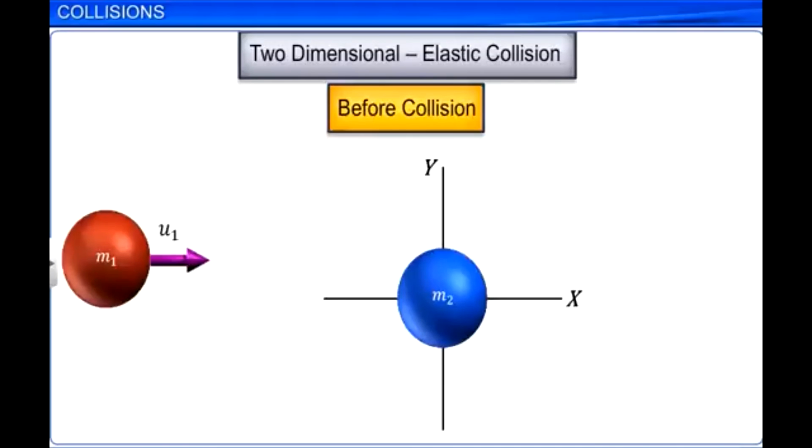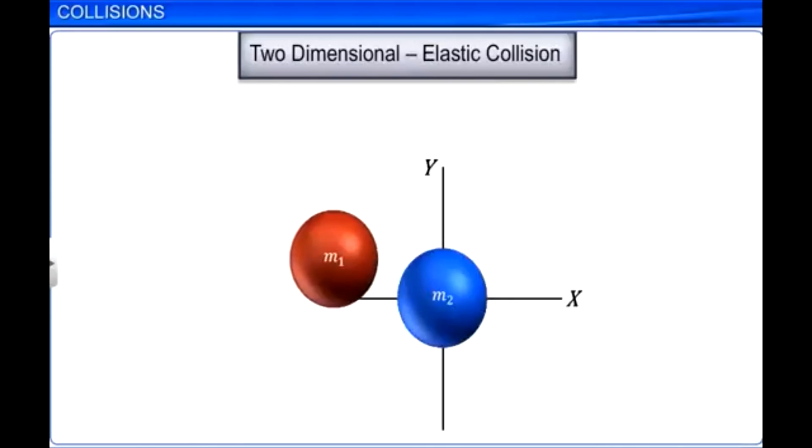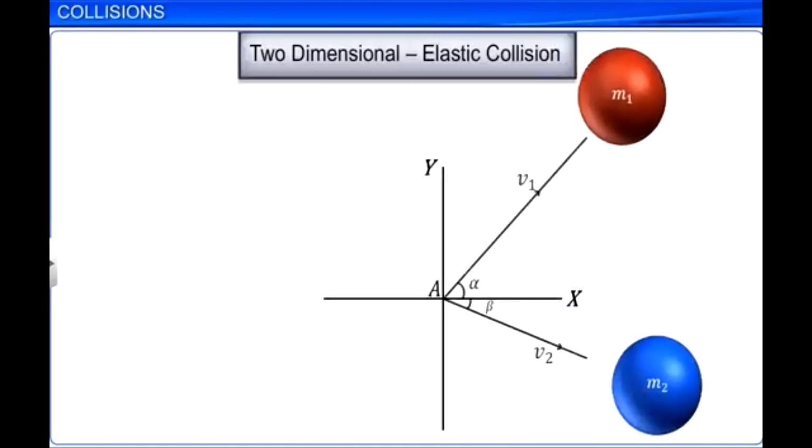This implies that the velocity of m2 before collision, u2, is 0. Just after the collision, m1 moves away with velocity v1, making a positive angle alpha with the x-axis, and m2 moves away with velocity v2, making a negative angle beta with the x-axis.